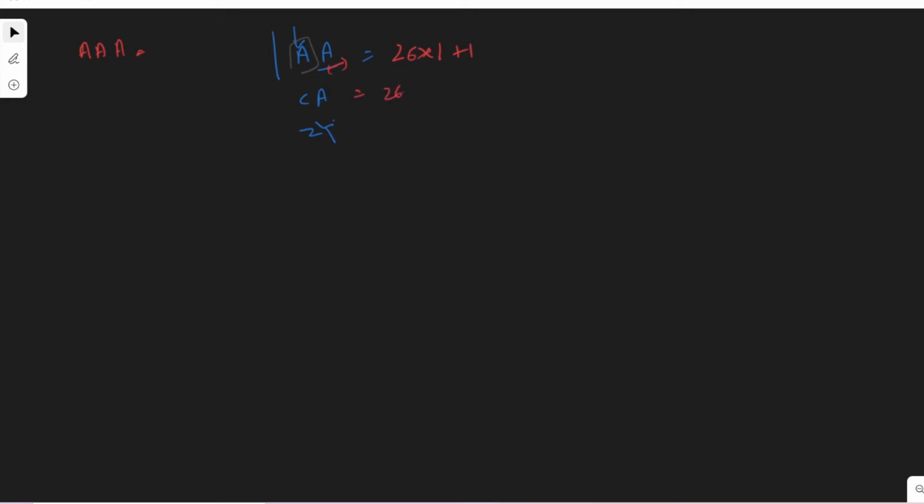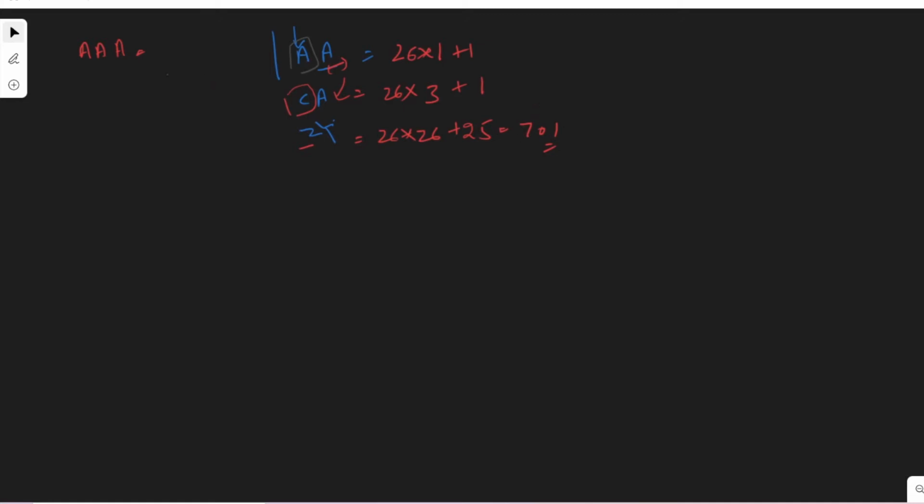For CA, it's 26 times the value of C, that's 3, and the contribution of A here is 1. Similarly, for ZY, the contribution is 26 times the position of Z, that's 26, plus Y which is 25. So that comes out to 701.